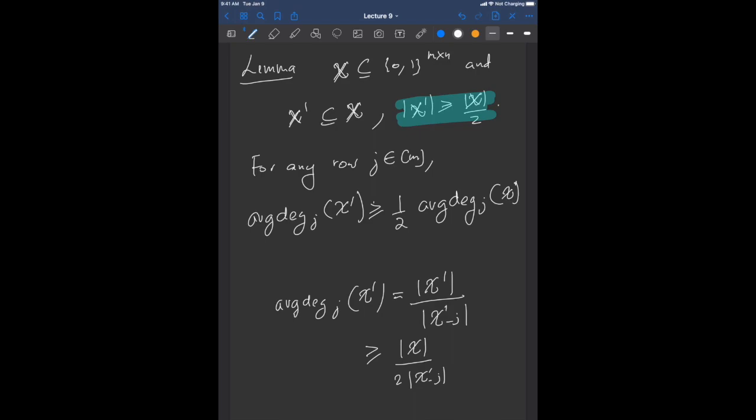Not really. Now we need to relate it to the average degree j of x, but we have x dash minus j. Can we say something about the relation between x dash minus j and x minus j? Not really. From this relation we have this relation, but that doesn't tell us much.